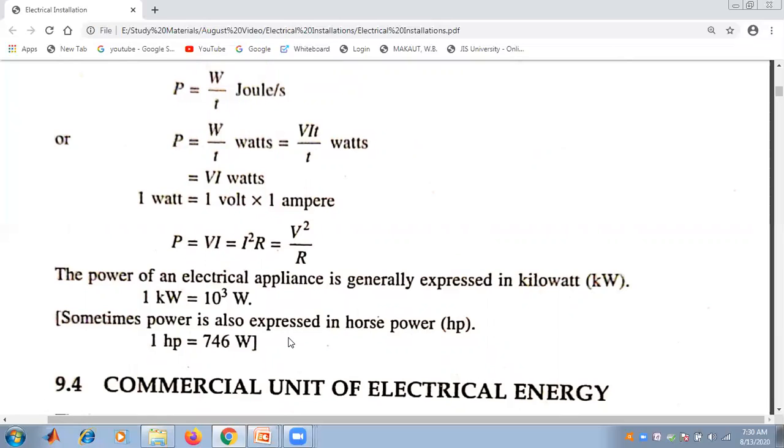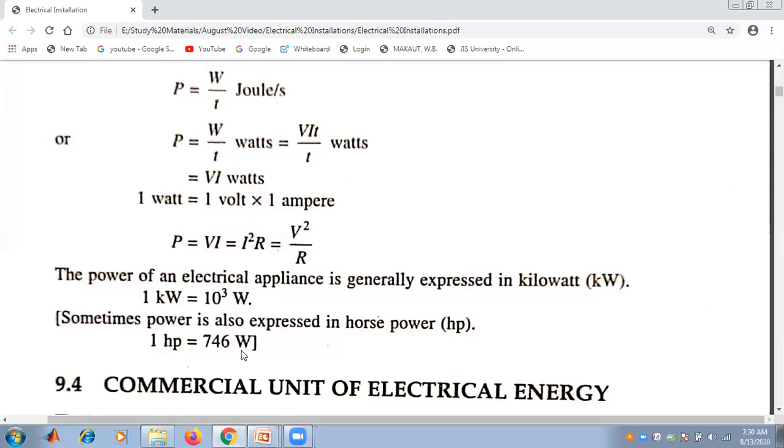Sometimes power is also expressed in horsepower, called HP. 1 horsepower is equivalent to 746 watt.